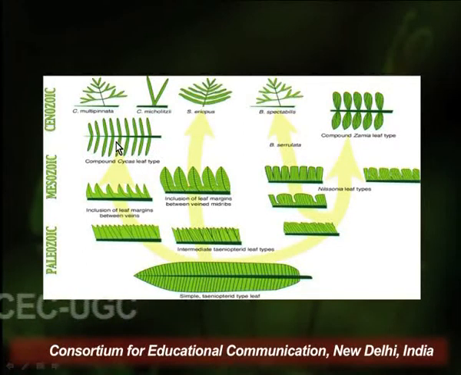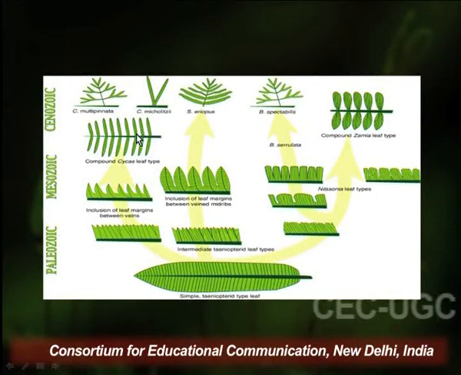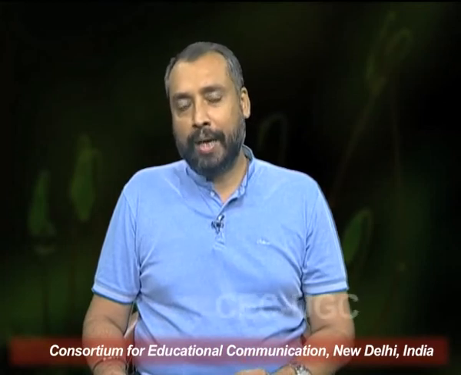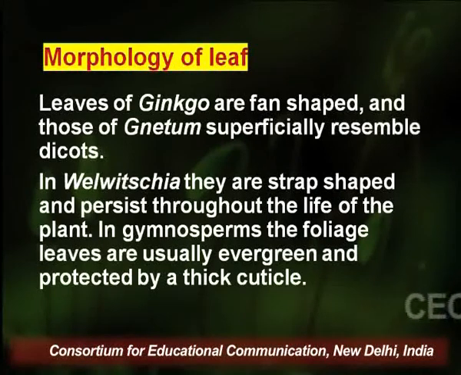So compound leaves are nothing but more evolved simple leaves. These leaves ensured better absorption of carbon dioxide because of the increased surface area. They also ensured that there is less wear and tear because of wind. This also ensured more photosynthetic productivity. The leaves of Ginkgo are fan shaped, and those of Gnetum superficially resemble dicots.